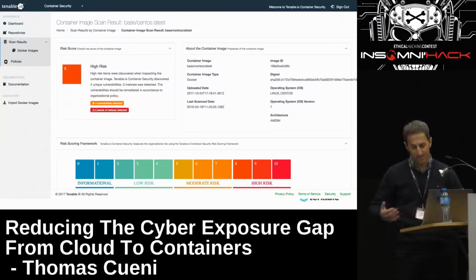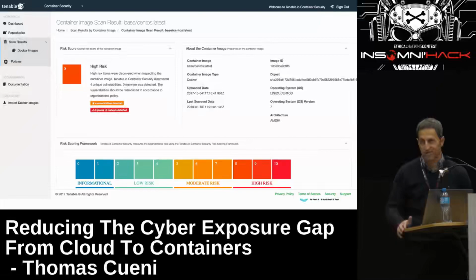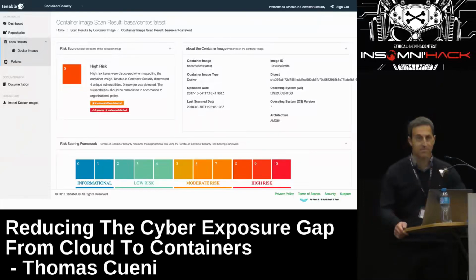So it's in development, and it's one of the things we are looking at. But what you have as we speak today is more like the static analysis of the container images and the registry functionality here. So maybe next year. That'd be great.